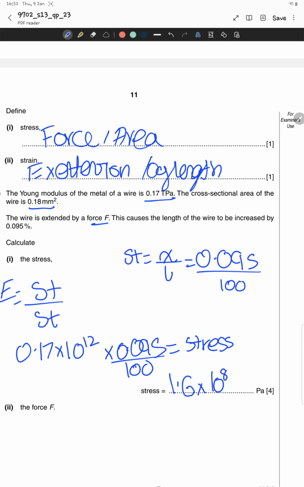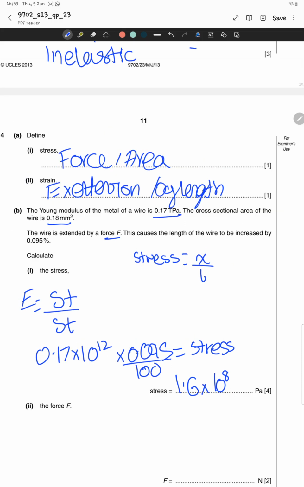Now, if you're wondering why 0.095 divided by 100 is our strain, it's because suppose you have length as 1, and you're extending the wire by 0.095%.